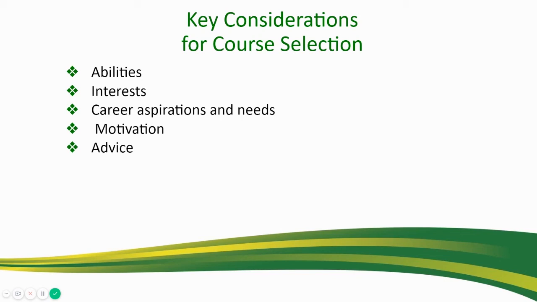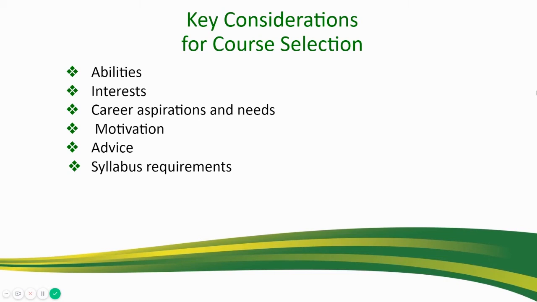Get lots of advice from family and friends, from parents, from older brothers and sisters, from other students that are going through the same process or have just been through the HSC process. Talk to your teachers. Get advice from wherever you can. Think about the syllabus requirements.